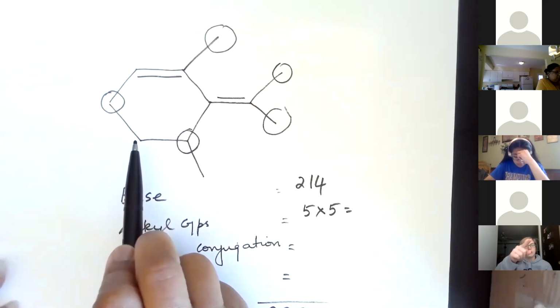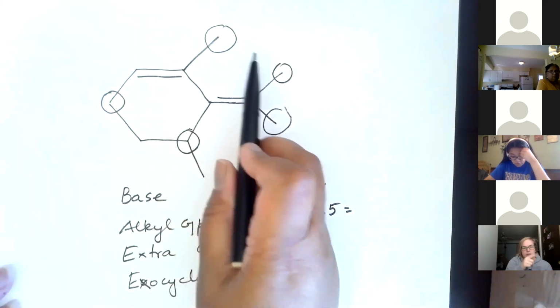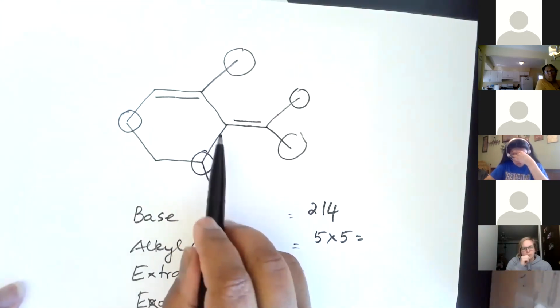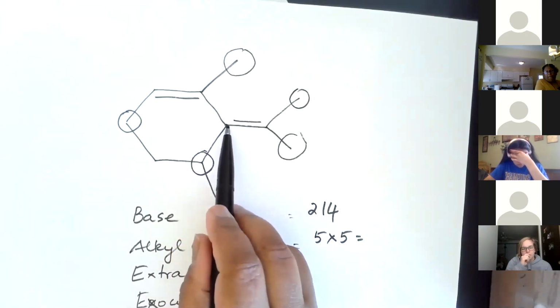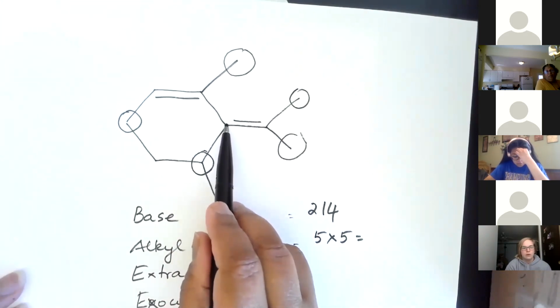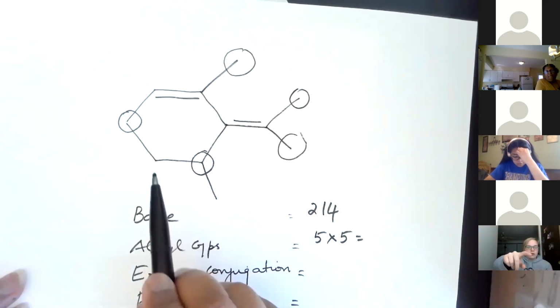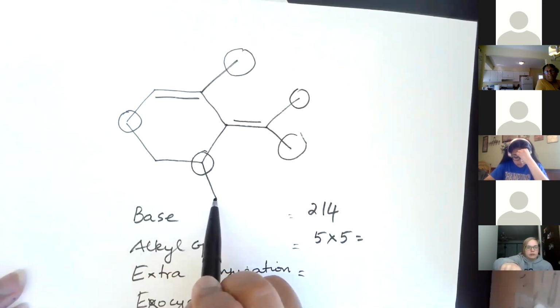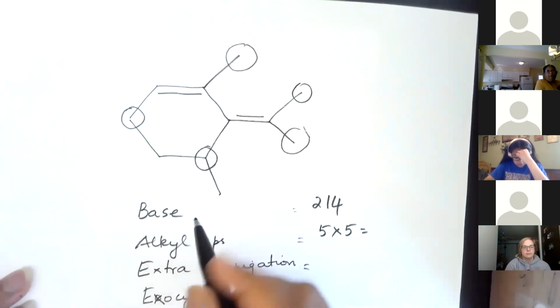No, on the other side, the methyl group coming off would be an alkyl group to the ring. No, on the bottom, this one? That's not an alkyl group. It's not an alkyl group, right? No, the methyl on the bottom of the ring. Yeah, right there. Okay.